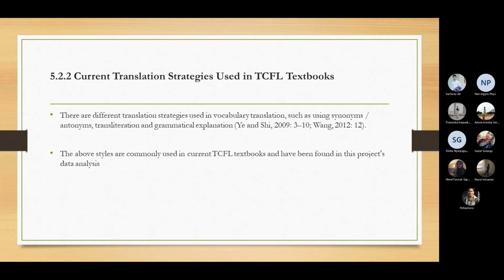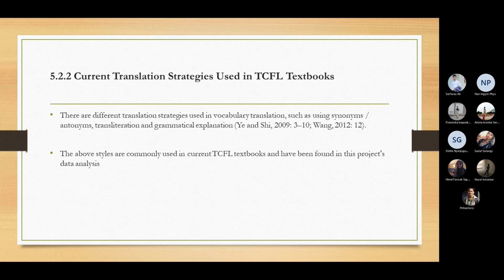And section 2 covers the current translation strategies used in TCFL textbooks. As we were concerned about the principles and strategies, here the strategies come in this section. There are different translation strategies used in vocabulary translation, such as using synonyms, antonyms, transliteration, and grammar explanation, and maybe other types, but the major ones are given, which are mentioned by different scholars.